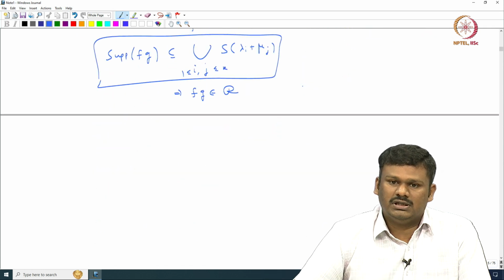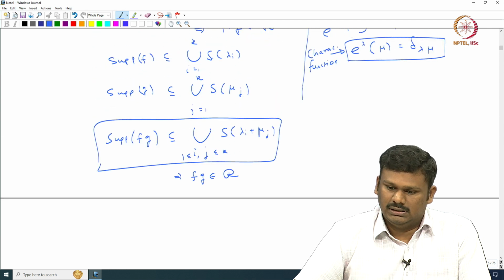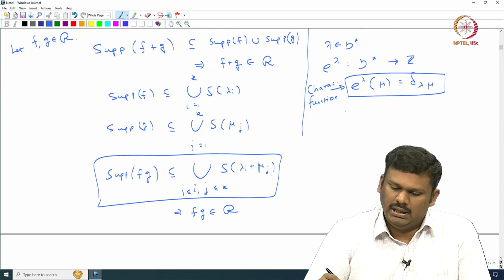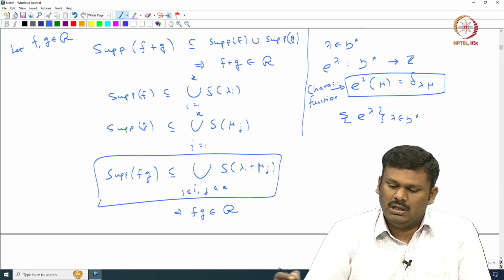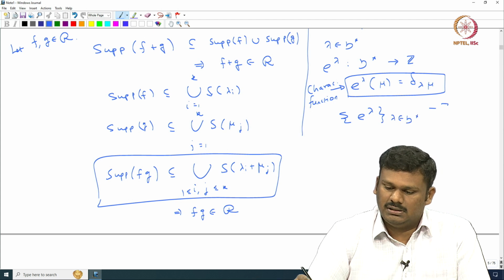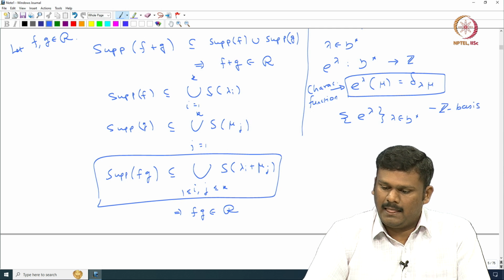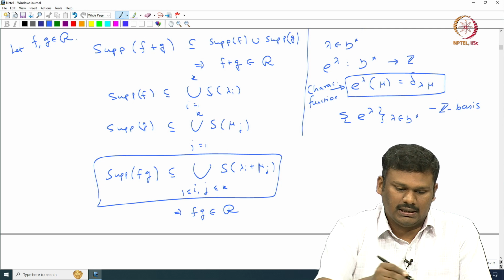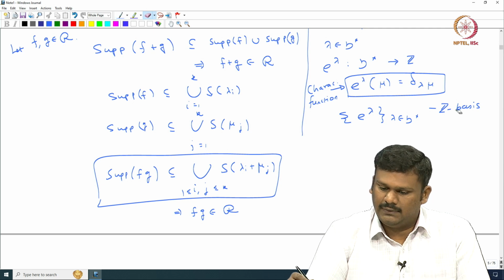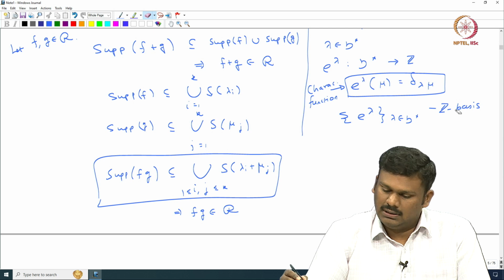Now if you vary over this lambda, it is easy to see that these e power lambda, lambda from H star, will form a z basis. Okay, I am actually not saying this correctly. We do not want a z basis for everything. It will form a z basis only for the characters whose support is finite.